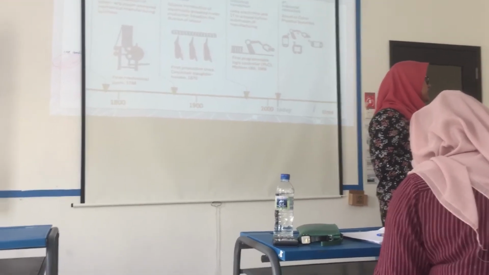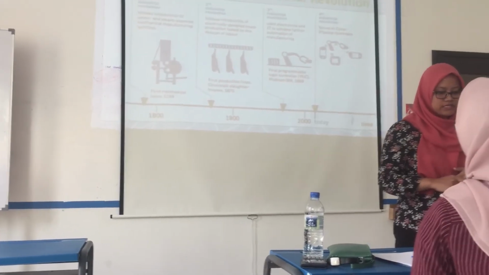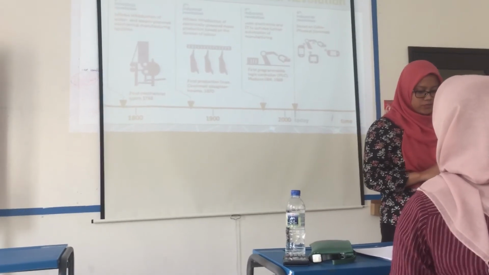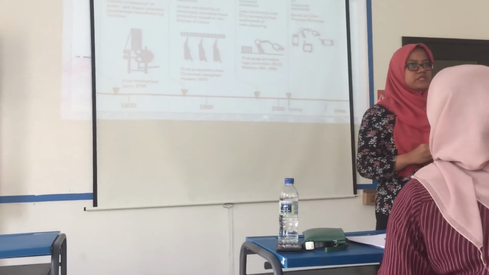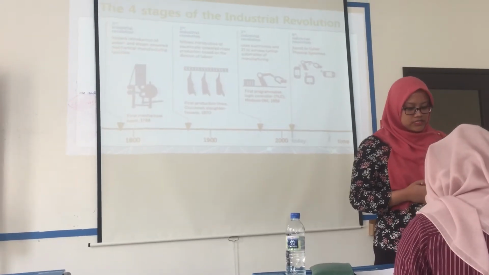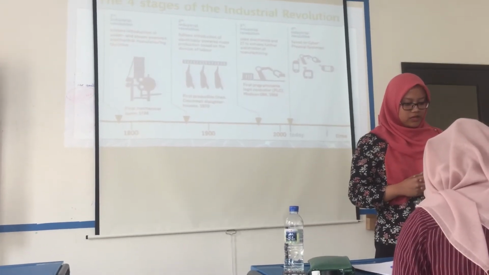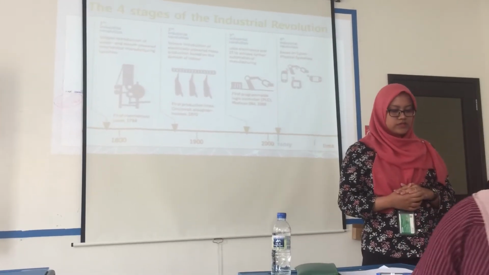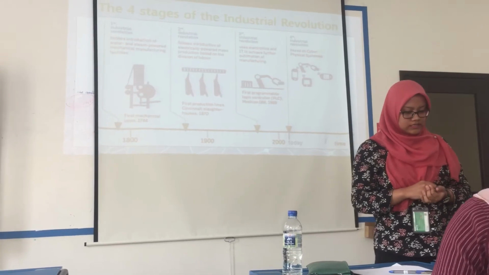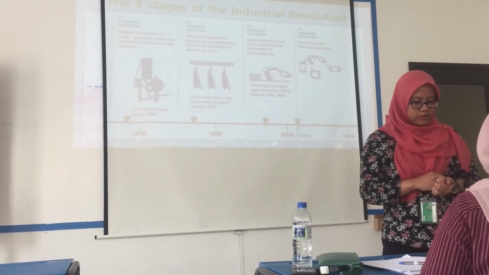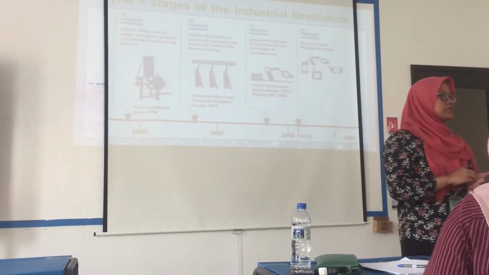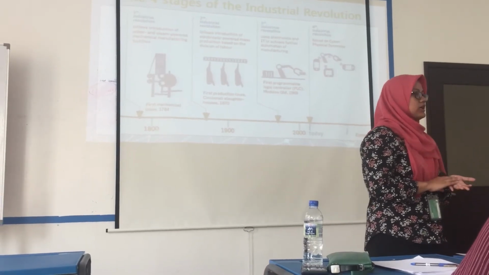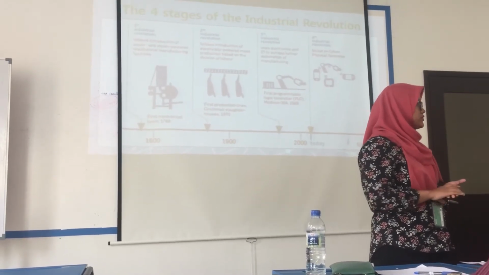These are the four stages of the industrial revolutions. The first industrial revolution is where we can see the invention of the steam machine and the usage of water and steam power and other machines, which led to the industrial transformation of society with trains, and it produced a lot of smoke.